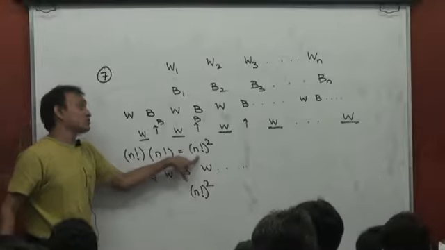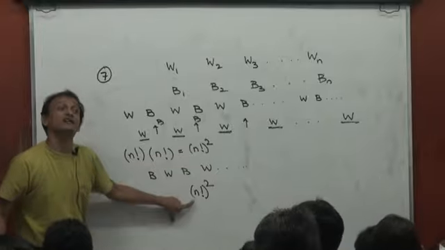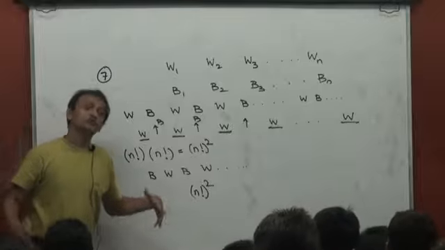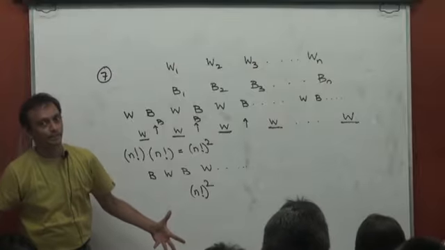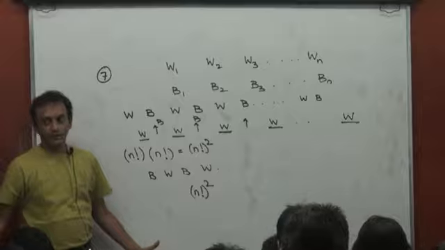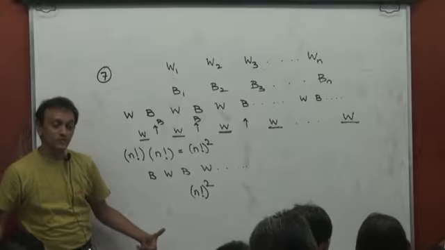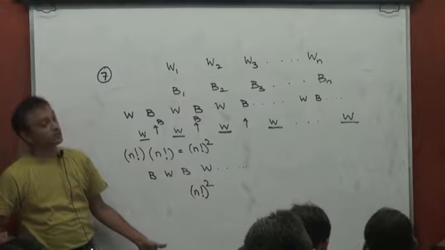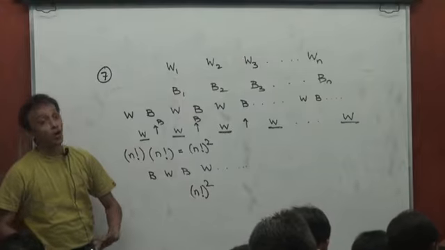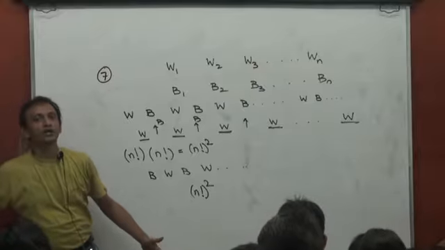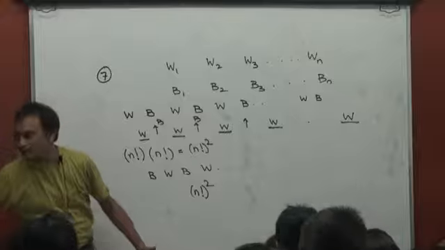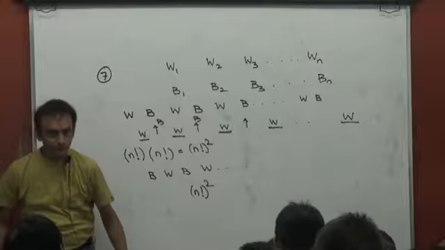So the total number of ways is n factorial whole square plus n factorial whole square, which would be 2 into n factorial whole square, in which certain cases have white first, certain cases have black first, but in all cases they alternate. No two consecutive whites or consecutive blacks appear, right?